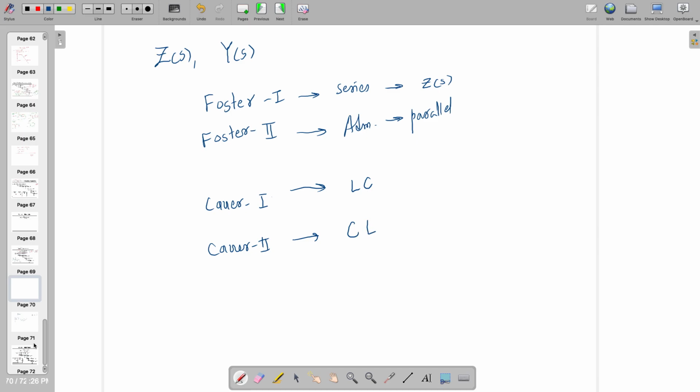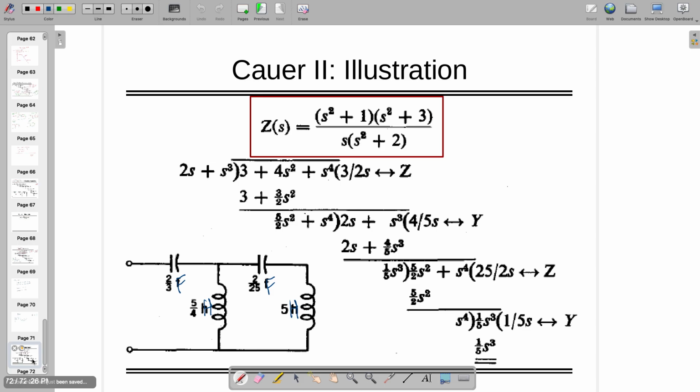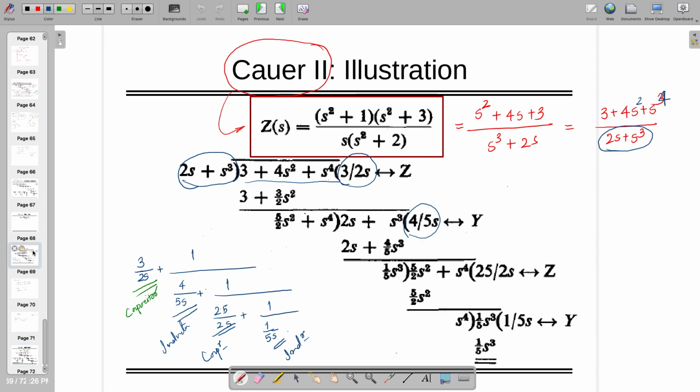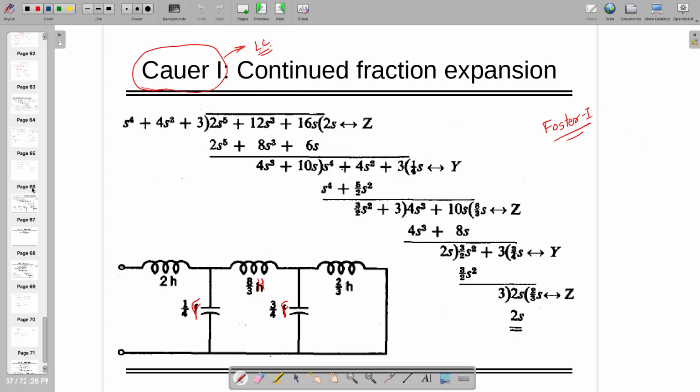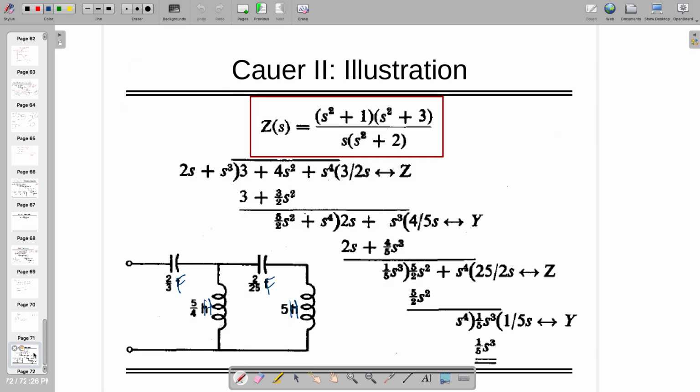He made the continued fraction expansion, but one time he is starting with higher order and one time he is doing the same process with lower order.